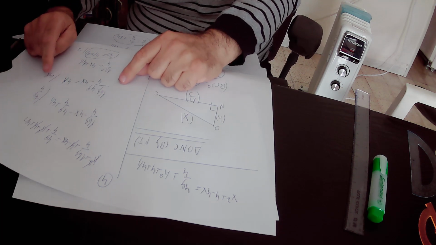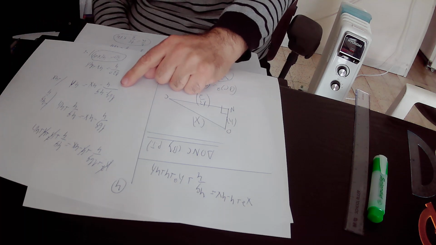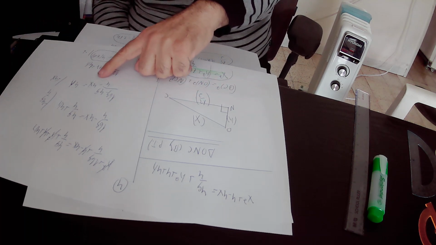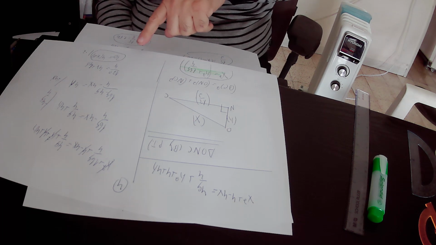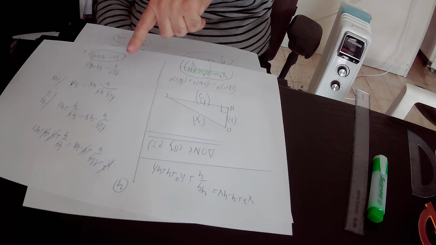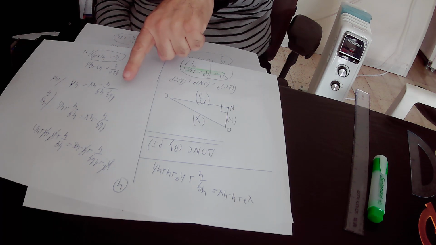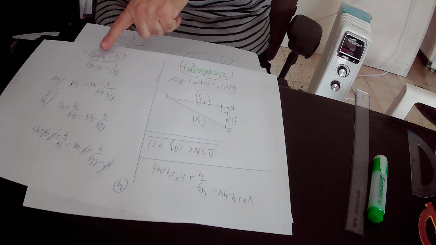We subtract 49 over 4 from this equation, and found out that 169 minus 49 over 4 minus 4x equals to 4h. We added 4x to this equation and found out that 169 minus 49 is 120, so in total this expression equals to 120 over 4, that is equal to 4x plus 4h.